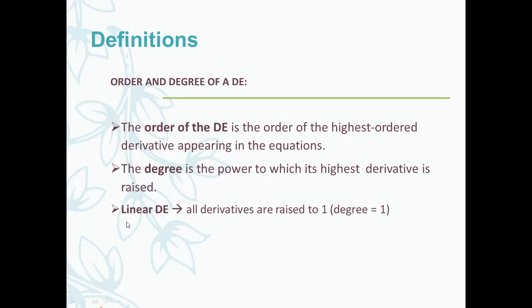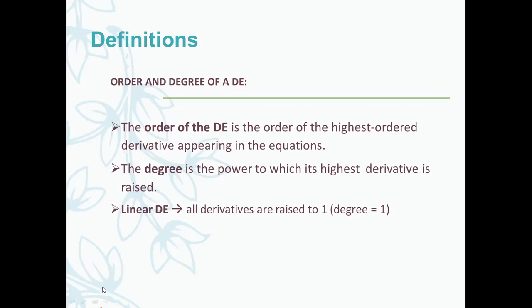For now, we'll just leave it at this: whenever the exponents of the derivatives in your differential equation are all 1, then the DE is said to be linear. Otherwise, if it's not 1, let's say it's 0.5 or 2 or 3 or -1, then your DE is said to be non-linear. So it's only linear when the degree is equal to 1.